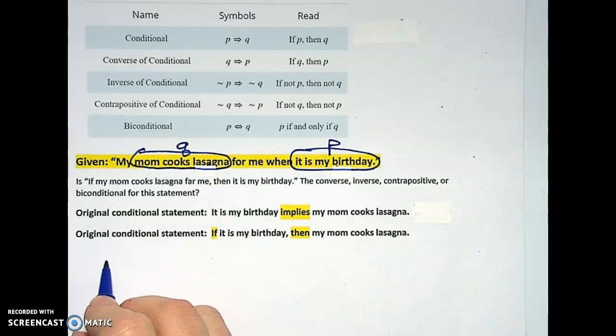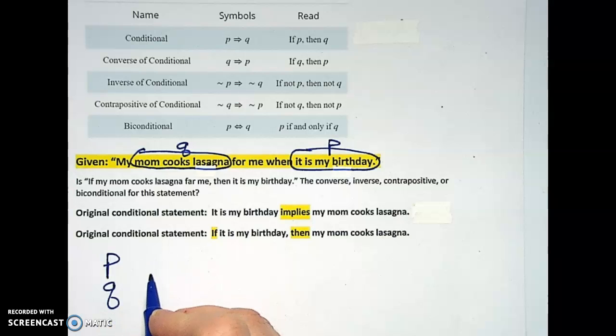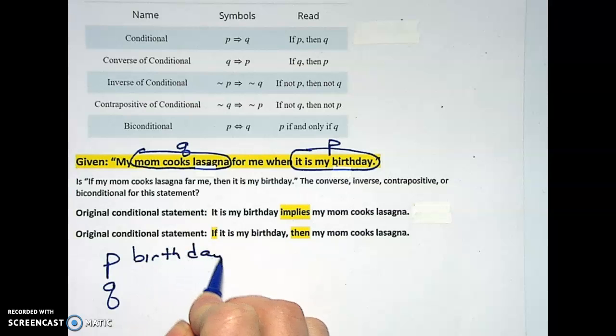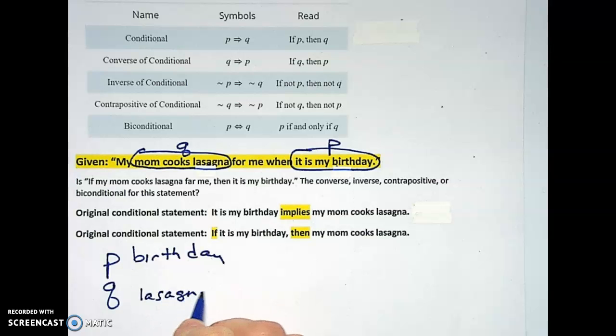I'm going to do it right here, except not completely because I don't like writing a whole lot. So there's the P and there's the Q. P is birthday, and Q is lasagna. I think that's good enough without writing the entire statement.